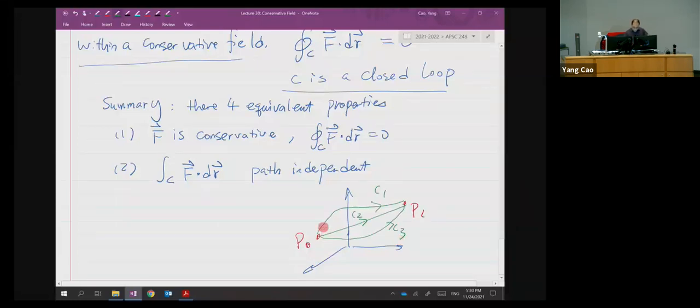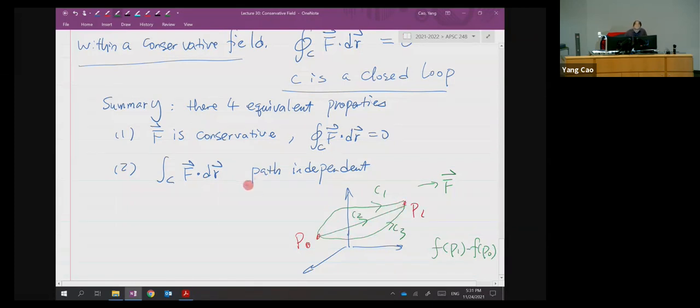However, if the F here is a conservative field, then according to the fundamental theorem of calculus for line integrals, the end result only depends on f of P1 minus f of P0. It doesn't depend on which path it goes from P0 to P1.